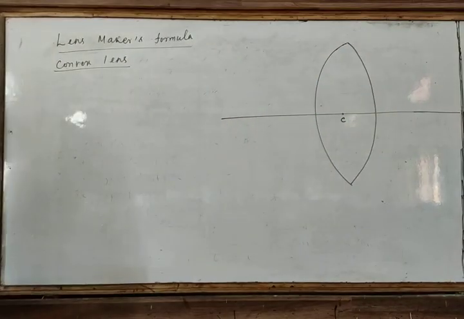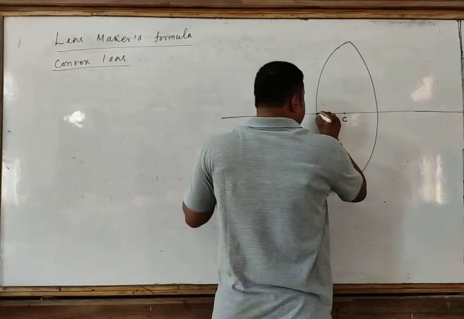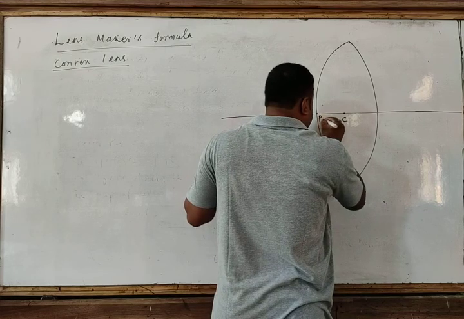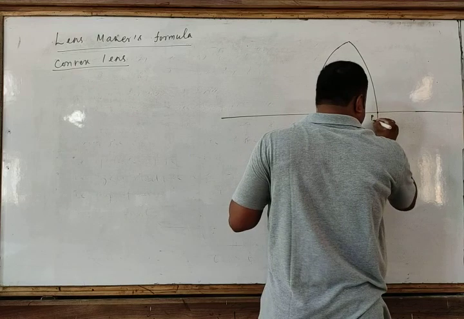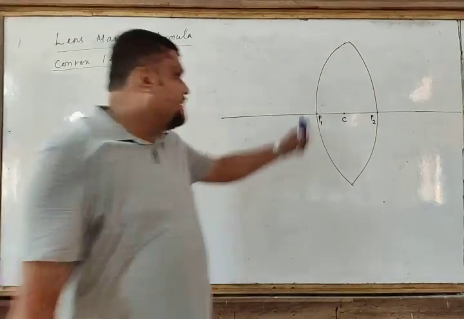Clear? Now let us consider the pole for each surface. This is a convex surface, and it has a pole, let me call it P1. For the other surface, let the pole be P2. These are the two poles, the middle points of the surfaces.